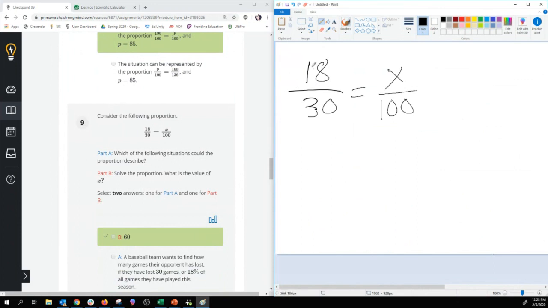Think about where it's located in our proportion. Remember, this is part over whole equals percent over 100. So could that 18 represent a percentage? Is that 18 saying it's 18%?